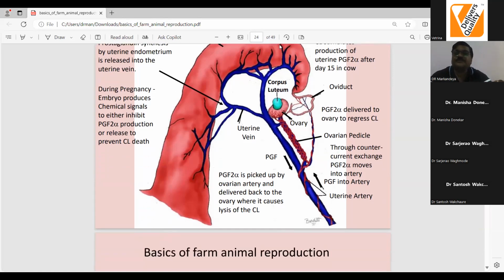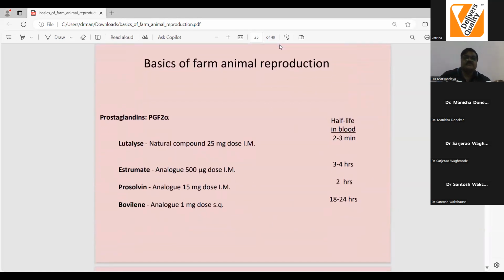Next one. Prostaglandins are available in synthetic form also. Pregma is available, Pregma D is also available.